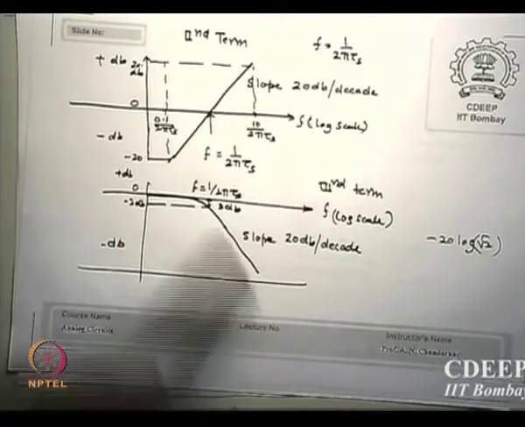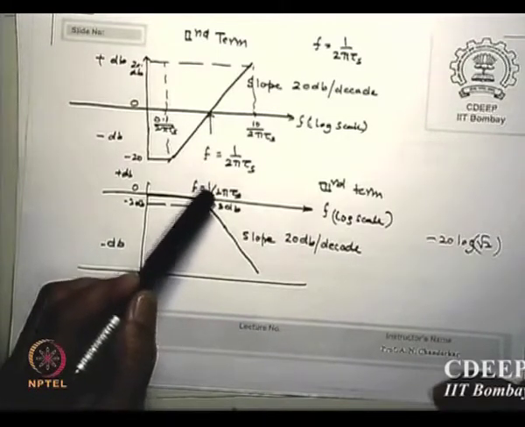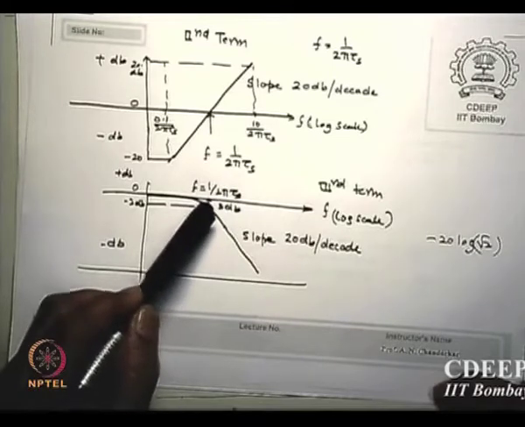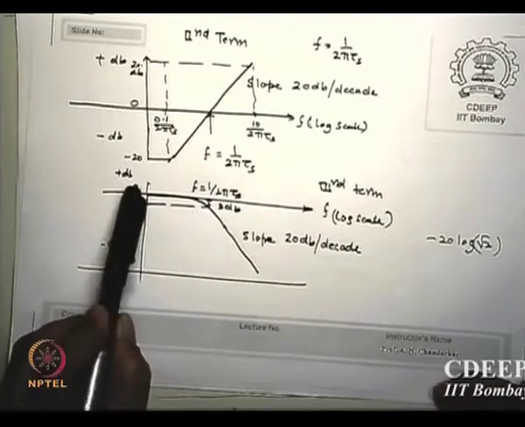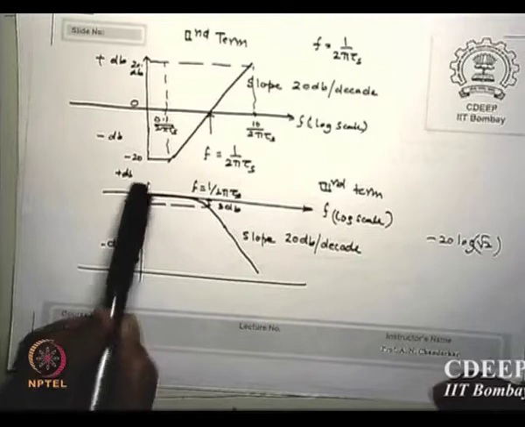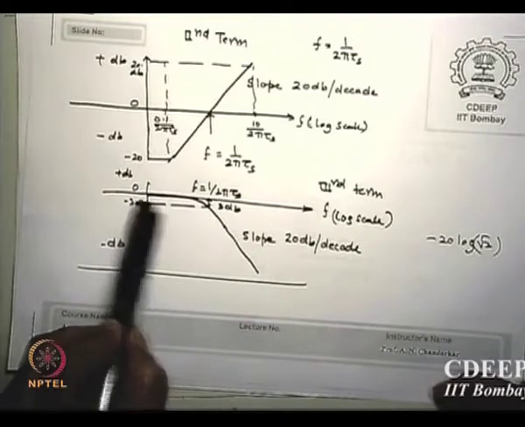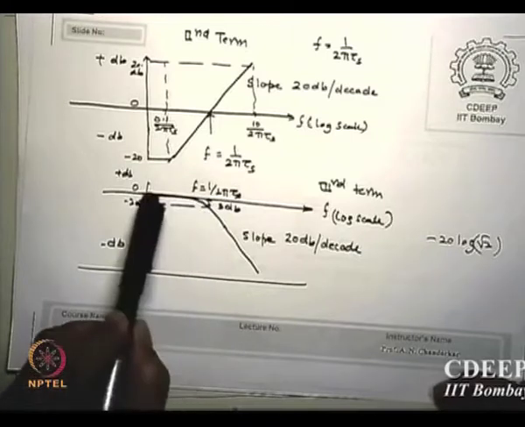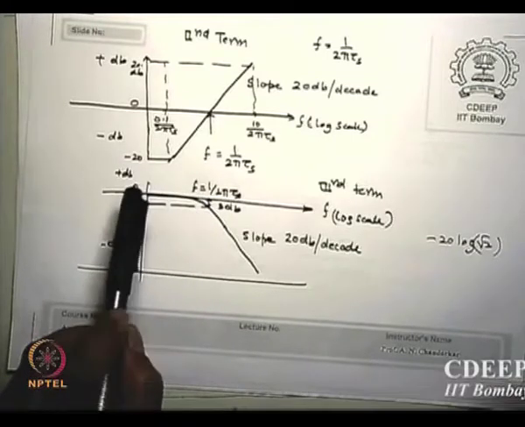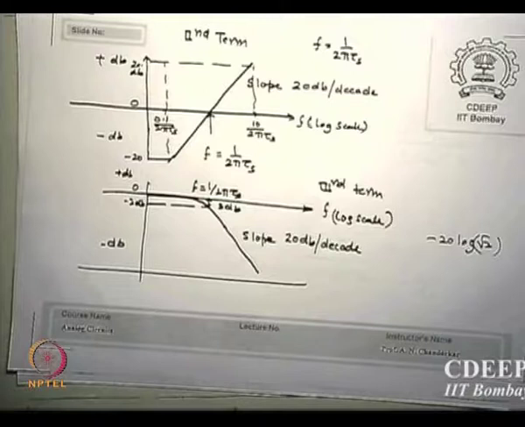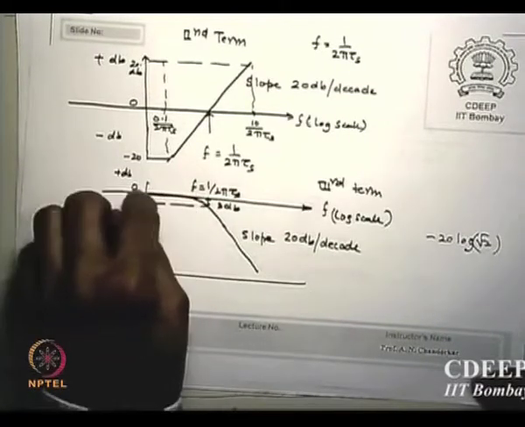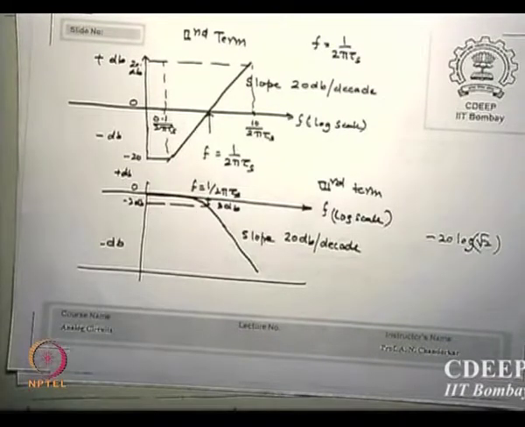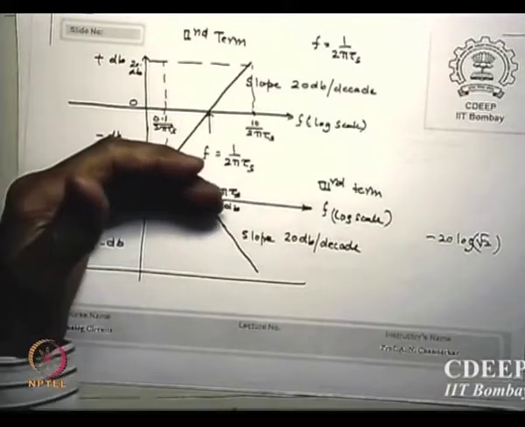So what is it showing? That at f equal to 1 upon 2 pi tau s, the gain has fallen from 0 to 3 dB down. At this frequency, please remember, initially how much is the gain when f is smaller than 1? When f is much smaller than 1 upon 2 pi tau, it is as if 1 plus 0, so I am getting a 0 dB gain.